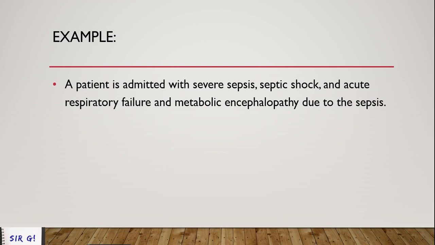Okay? So, yeah, we have an example here. Okay. A patient is admitted with severe sepsis, septic shock, and acute respiratory failure, and metabolic encephalopathy due to the sepsis. Okay. So in this case, there is a sepsis, severe sepsis rather, there is a septic shock, and there's already an organ dysfunction.